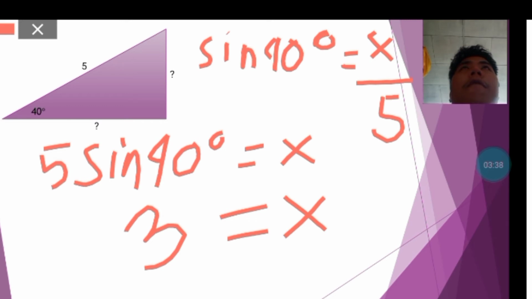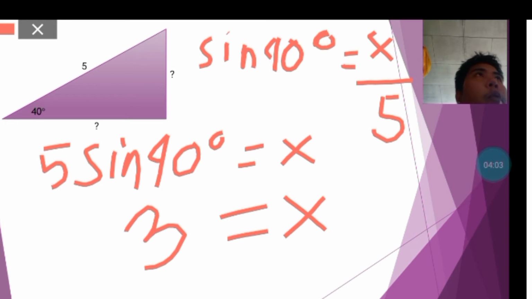But we have a missing part again, which is the adjacent. We have the hypotenuse, which is 5, and the opposite, which is 3.